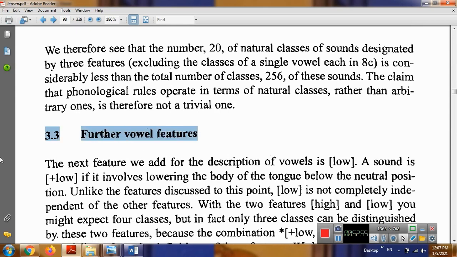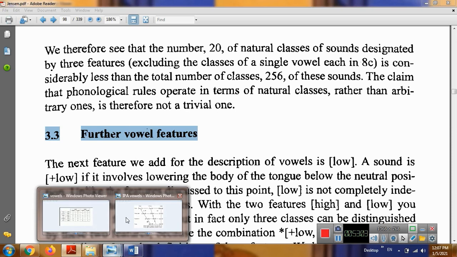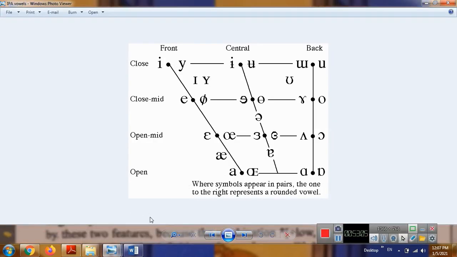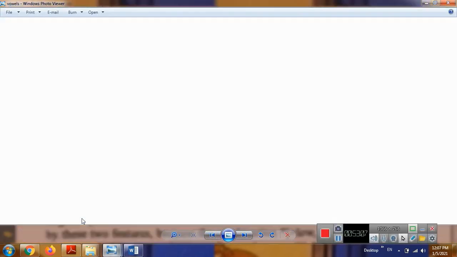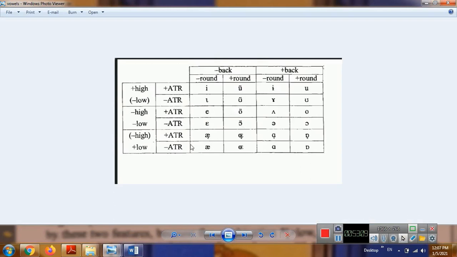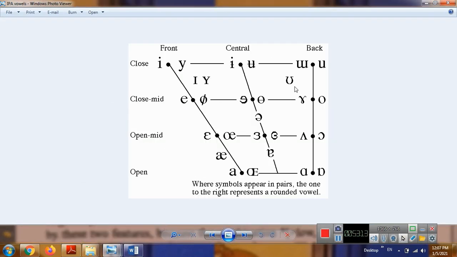Okay, I think it is enough for the vowel features. I want you to practice these sounds. I put these sounds for you. They are IPA sounds, which you should know, their definitions, their features.